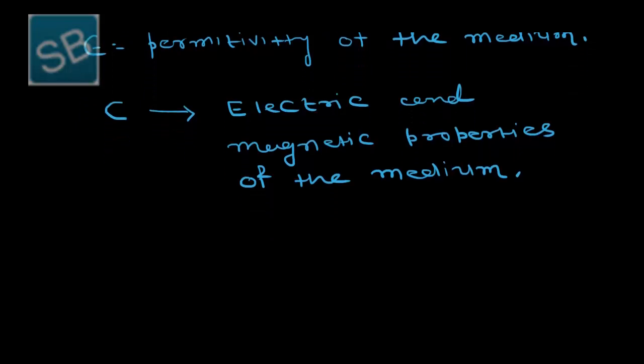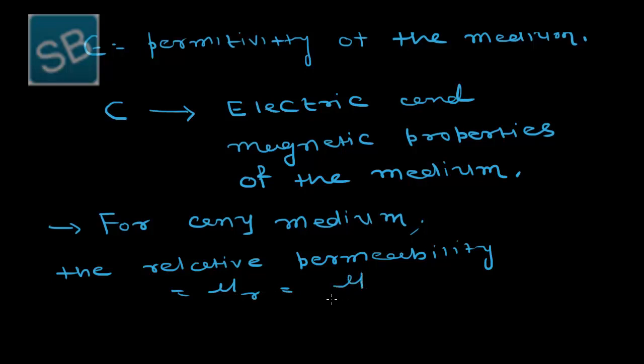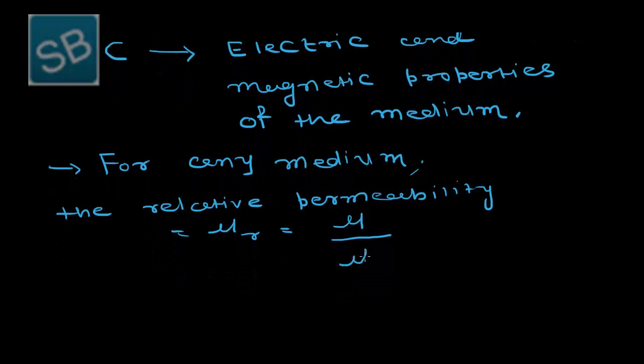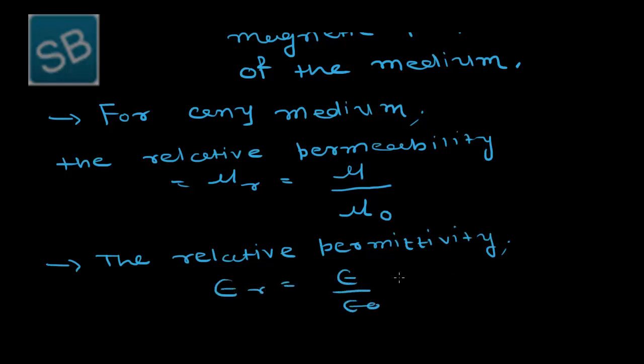And for any medium, if we look at the relative permeability, that is denoted by mu subscript r, and it is basically the ratio of permeability of the medium and permeability of free space, means mu 0, and also the relative permittivity, that is epsilon r is equal to epsilon upon epsilon 0.